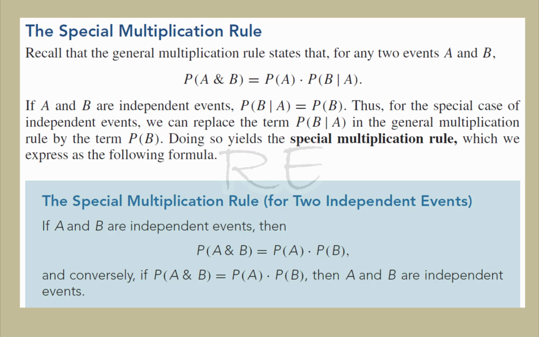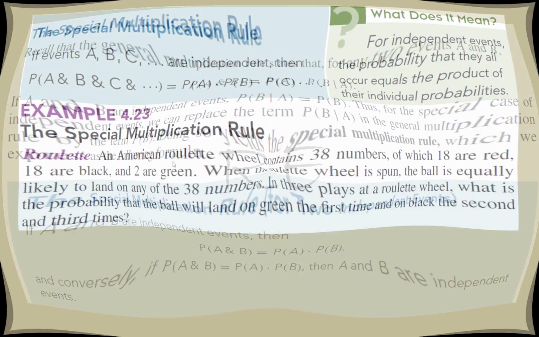If A and B are independent events, then P of A and B is equal to P of A times P of B, because P of B given A is equal to P of B for independent events. This is called the special multiplication rule.